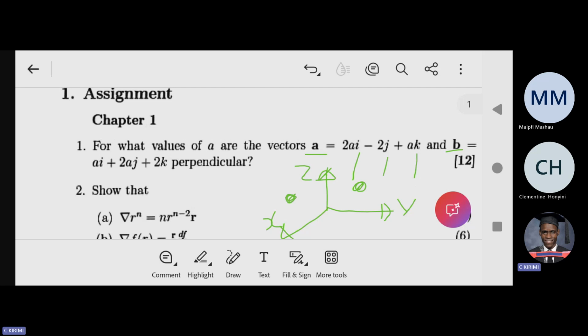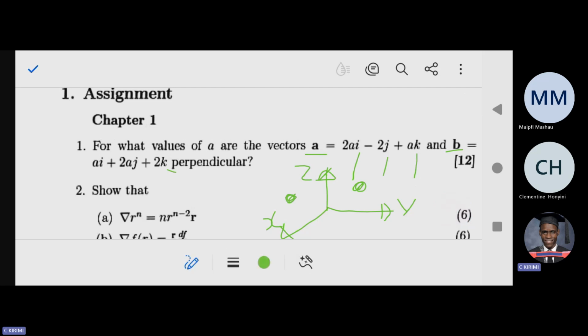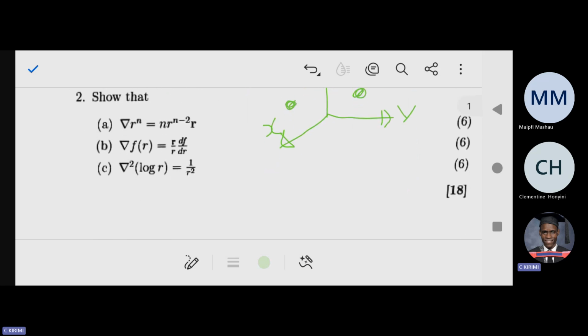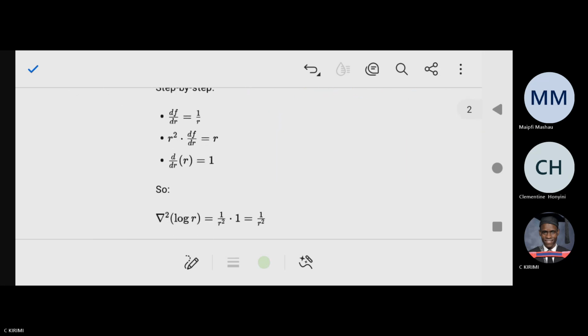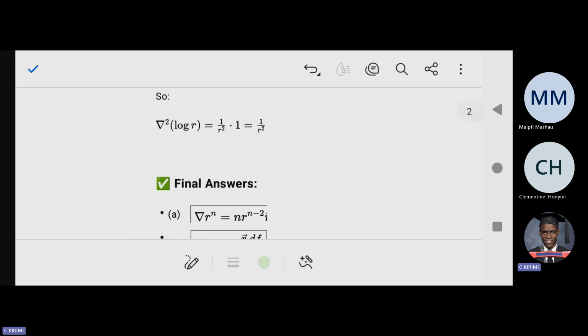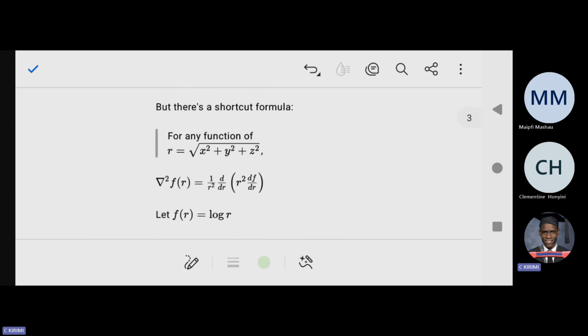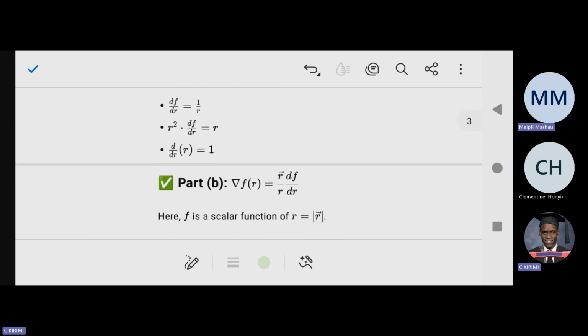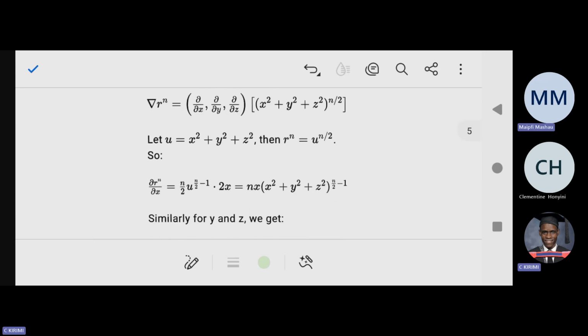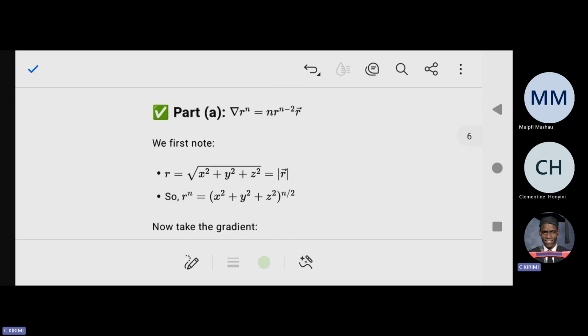If they are perpendicular, for what values of A, we are talking of the dot product. What do we mean by dot product? Let me go to the dot product where it was.